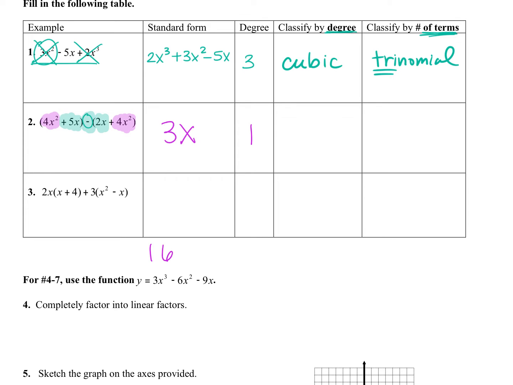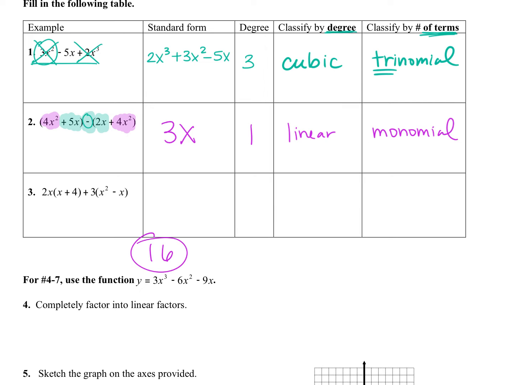What's the one by degree, classifying by degree? Starts with a C. Constant. So this would be a constant monomial. This one, 3x, is a linear, right? If we were to graph y equals 3x, it makes a straight line. So that's linear when it's a degree of 1. And it is a monomial, one term.